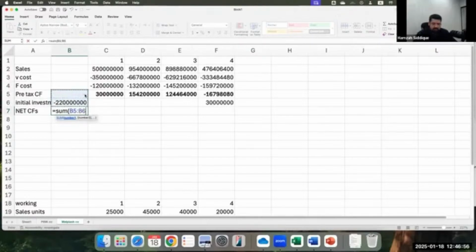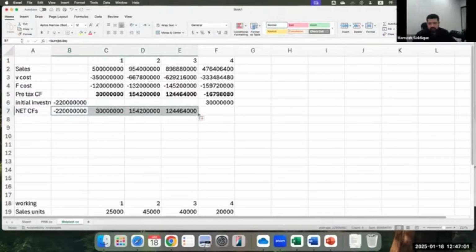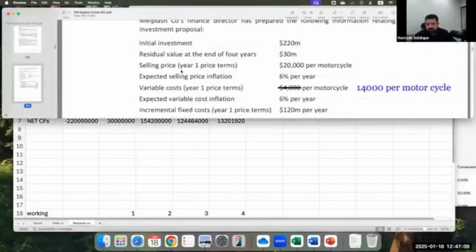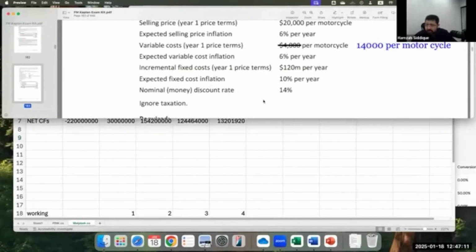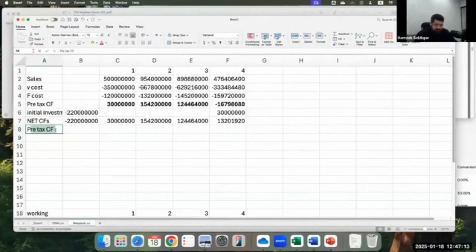From this now. So what is the discount rate? The discount rate is nominal 14%. Here's 0.